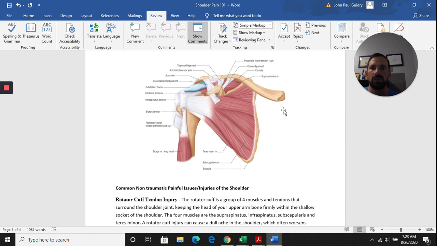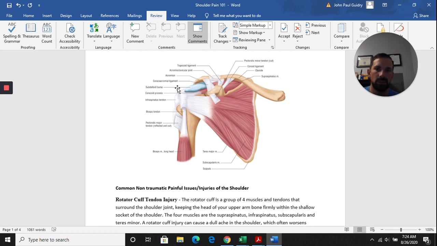You can also get some joint injuries. The labrum, which is basically the ligamentous or cartilaginous cup that the head of the humerus sits in, can get injured. You can get some minor or major tears in various areas of that, which we'll talk a little bit about.